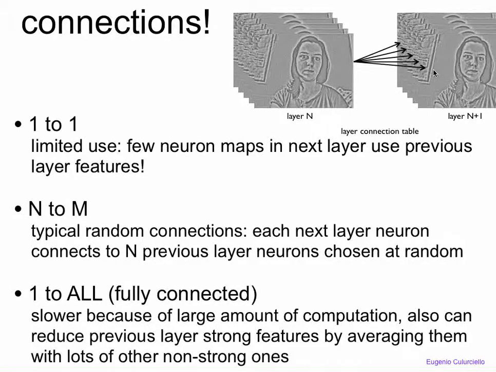So this is really the most general connection. Each next layer neuron connects to n previous layer neurons, and they could be chosen at random. Typically some of these are chosen at random, at least in supervised network, because once you set this up, a supervised network will figure out what kind of filters it better connect together.